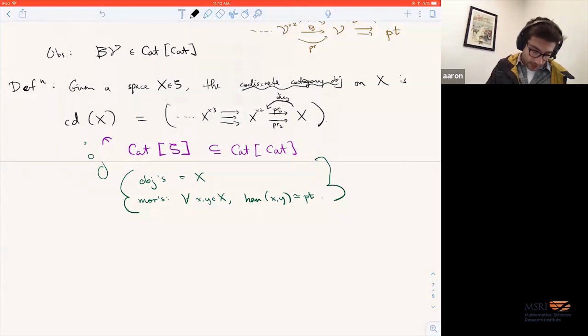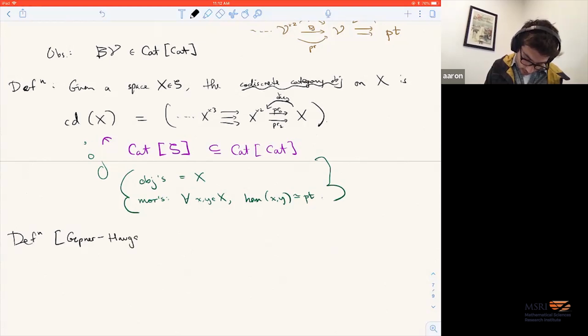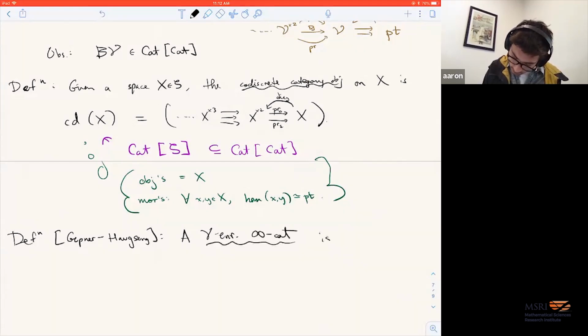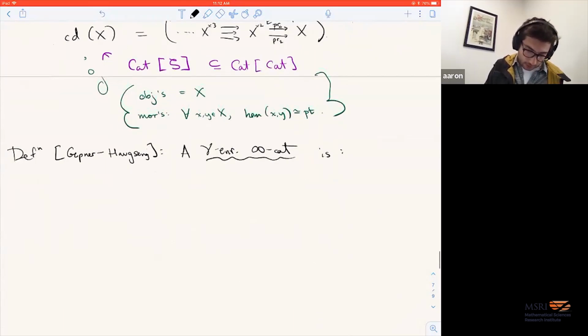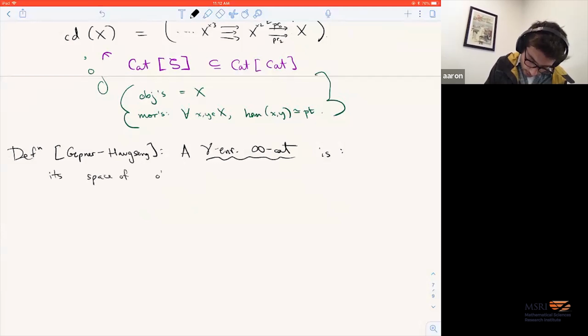Okay, so now here is a definition, and this is due to and has been extensively developed by David Gepner and Rune Haugseng. A V-enriched infinity category is the following data. First of all, its space of objects.